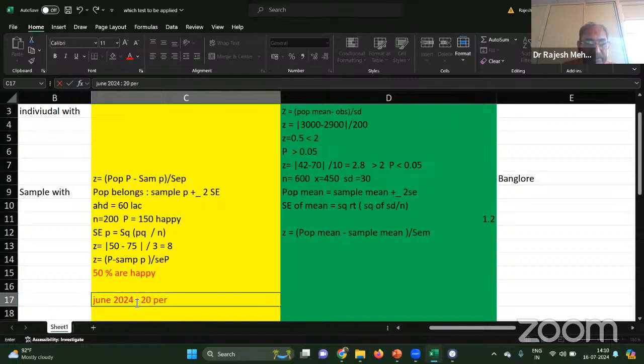Here we are saying that out of 80, 20% had suffered from one or other illness.